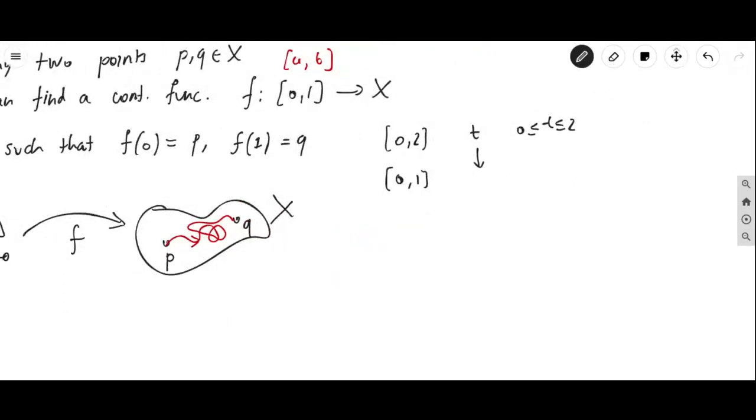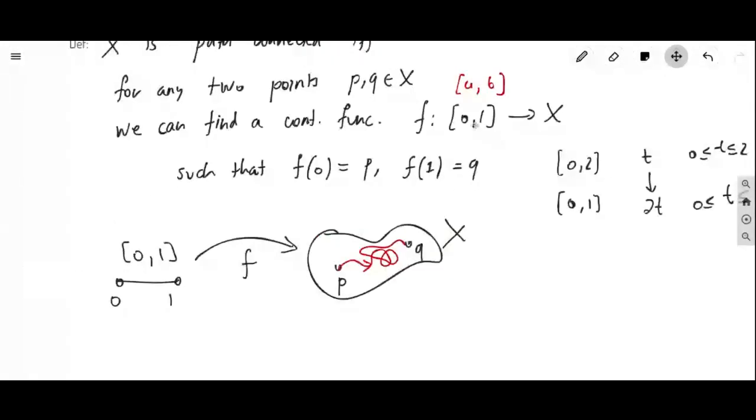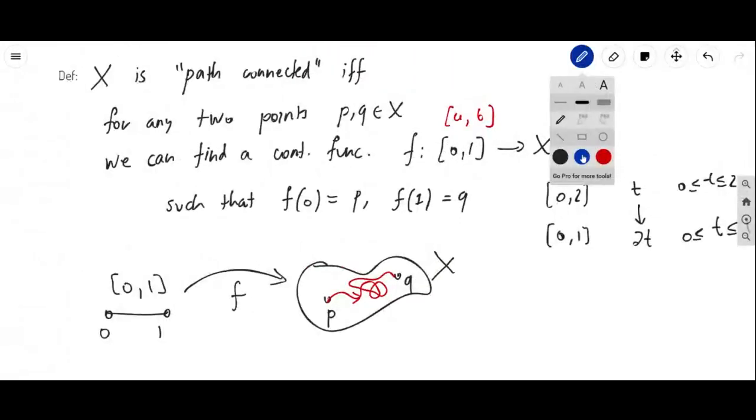Actually, I should say it's really 2t from 0 to 1. So if time moves from 0 to 2, if that's the time parameter, then 2t will trace out the same amount of time, like twice as fast, but this time from 0 to 1. So you think of this interval as sort of representing time. That's the intuition here. This is what happens at time 0, this is what happens at time 1, and you can always rescale, so it goes from 0 to 1 to make it as convenient as possible.